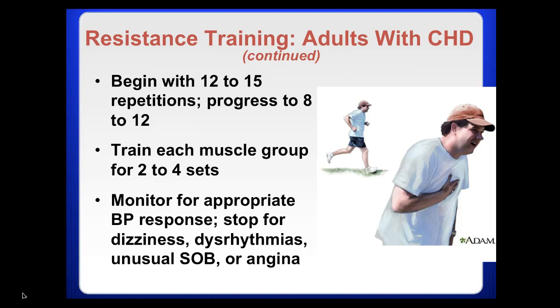And we want to train each muscle group for 2 to 4 sets and monitor for appropriate blood pressure responses. You want to stop them if they're feeling any dizziness or dysrhythmias or unusual shortness of breath or angina or chest pain. That is it for the screencast.